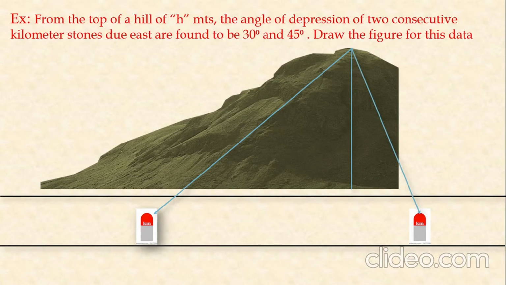So he is observing the second kilometer stone. We need to draw one more imaginary line, called the horizontal, which is always parallel to the ground. The first angle, this is the second one. So he is observing the first kilometer stone with the angle of depression of 30 degrees, and also he observes the second kilometer stone with the angle of depression of 45 degrees.